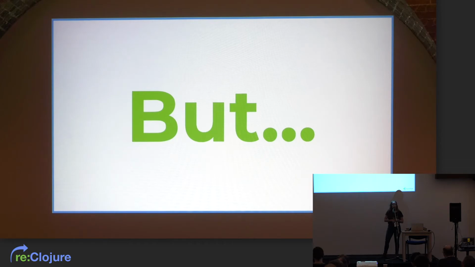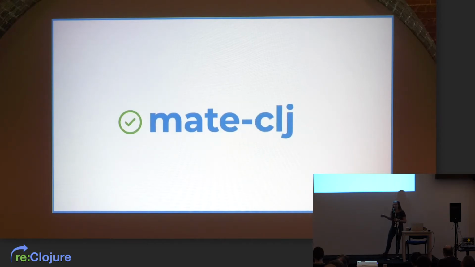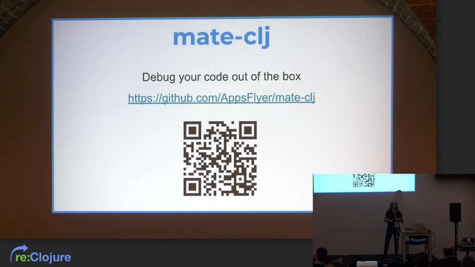So you don't really need to do it because you can use mate-clj, the library I wrote. And it is a result of this exploration phase I did, and I tried to understand how I can combine those prints with some functions and macros, and even core functions and macros, and by that understand how they work and what is the flow that my code is going through.